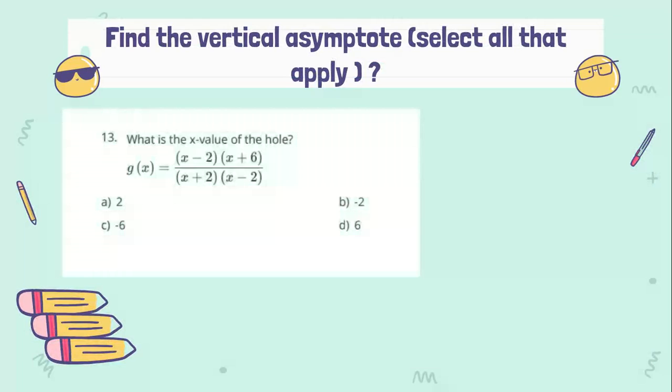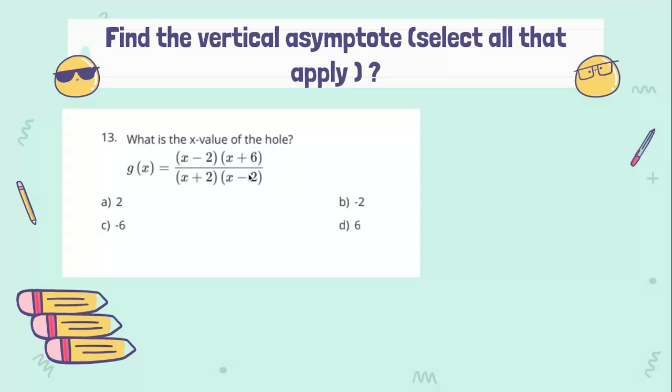g of x equals (x minus 2)(x plus 10) over (x plus 2)(x minus 2). So as we said in the last slide, each factor that cancels between the numerator and the denominator is a hole. As you can see here, in the numerator we have x minus 2 as well as in the denominator.